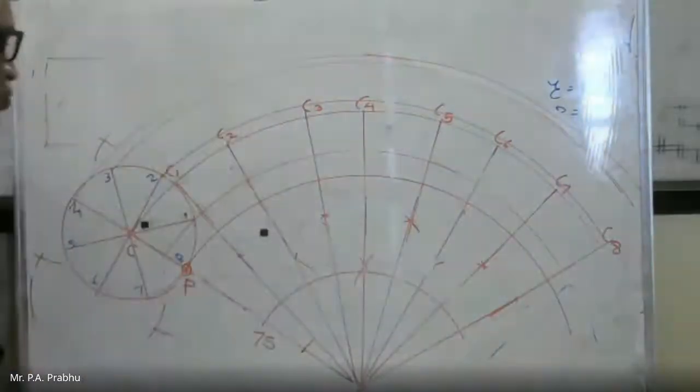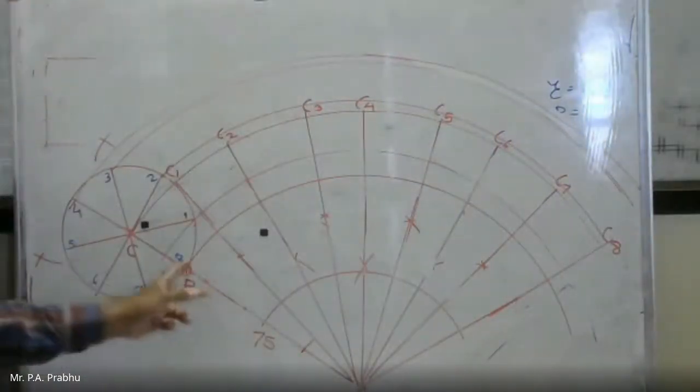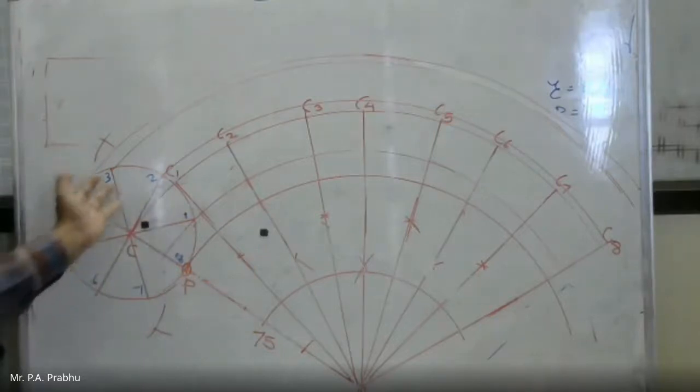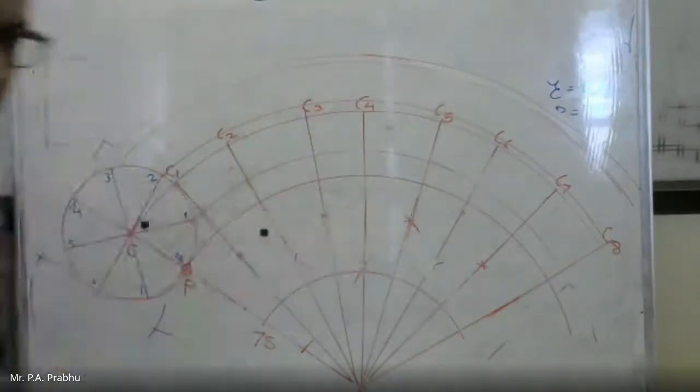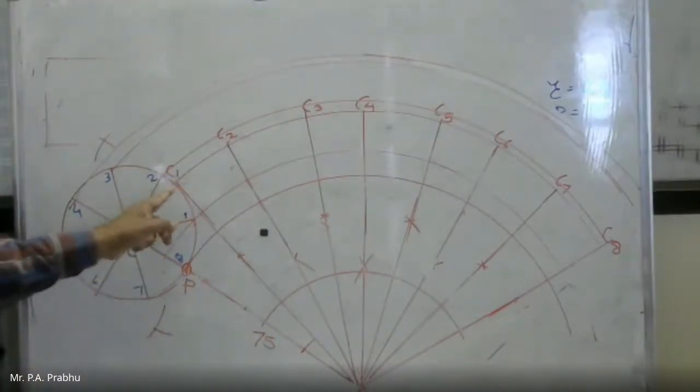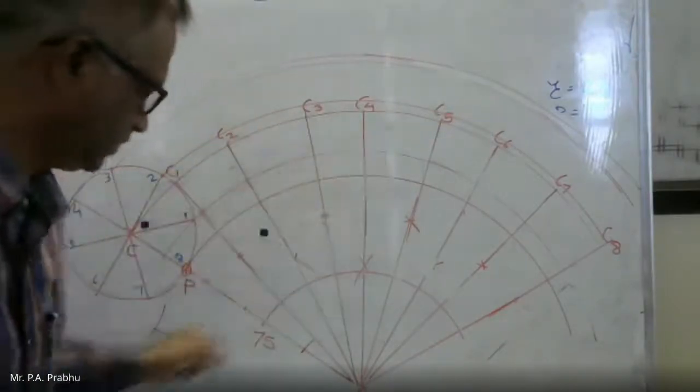Taking O as a center and O1, O2, O3, O4 as a radius, draw the curve. So we have drawn this locus of center C.